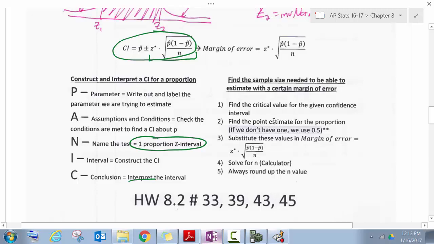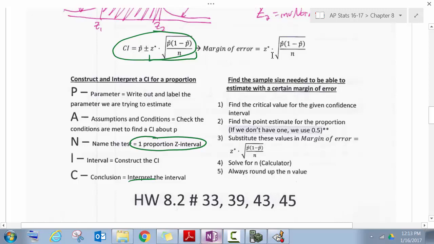Because if we use 0.5, it'll make p hat and 1 minus p hat the biggest value possible, and it'll give us the biggest estimate, so that we're not underestimating, we'd be overestimating, but we'd rather overestimate than underestimate. So again, if we don't have the point estimate, if they don't give us some kind of guess, we use 0.5.